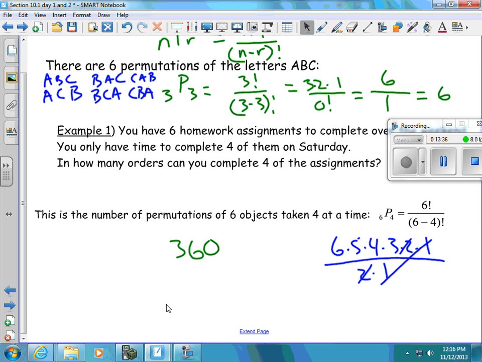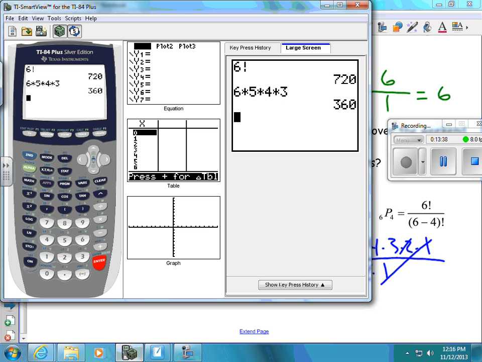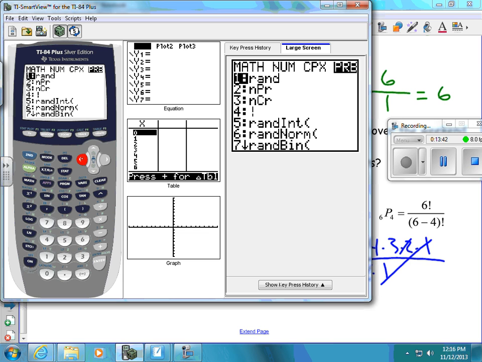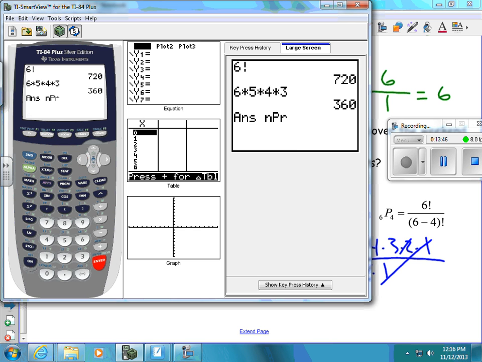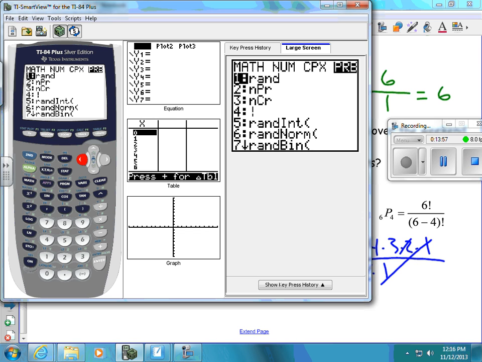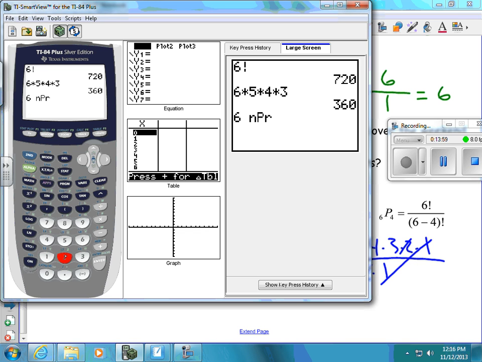Cool thing about this is you can do it on the calculator as well. If we go math and we go PRB like we did last time, notice there's an nPr. Before we hit that, you have to type in your N value. So 6, math, PRB. We're going to go down to number 2. 6 things, choose 4 of them.